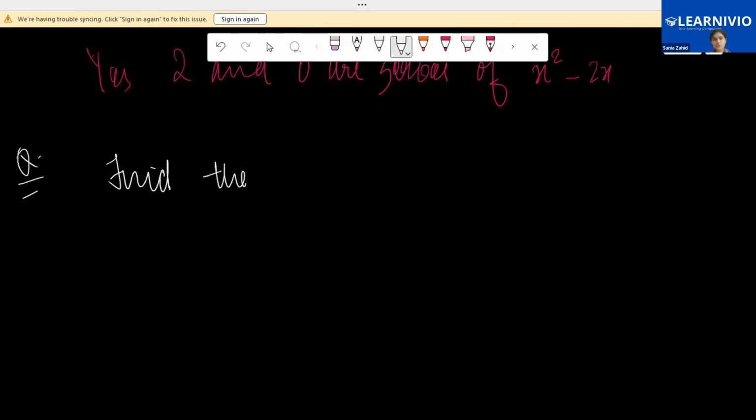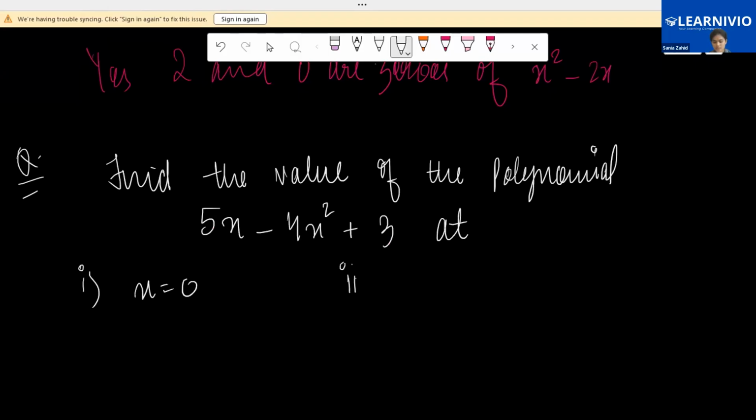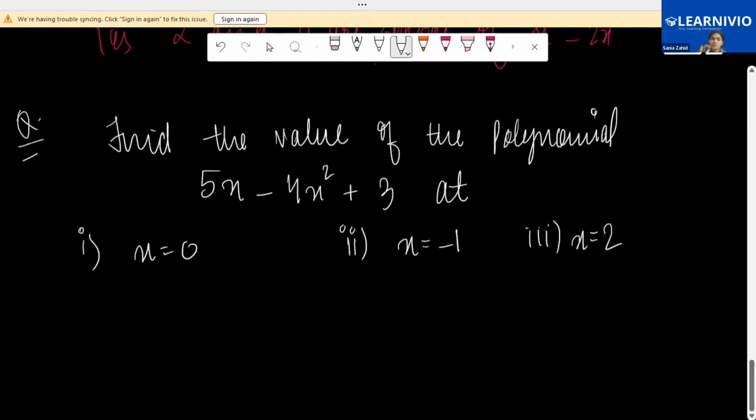Find the value of the polynomial 5x minus 4x square plus 3 at x equals 0, then x equals minus 1, and third x equals 2. Children, do them one by one and tell me what answers you get.